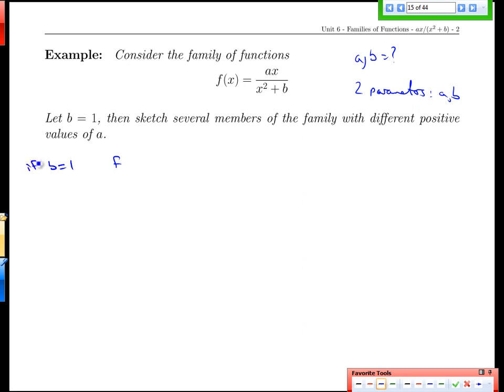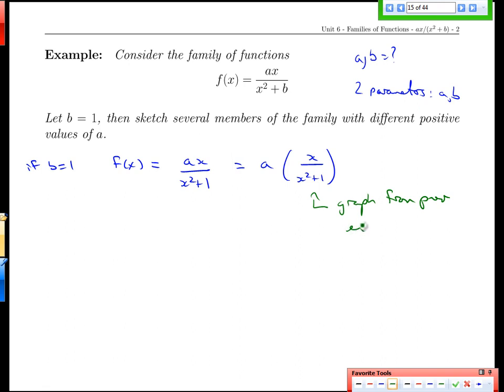If b is equal to 1, then our function simplifies down to a x over x squared plus 1. And we can think of that as a times x over x squared plus 1. But that is exactly the graph from the previous example. And the a, if it's a constant outside of all this, is simply a vertical scaling.